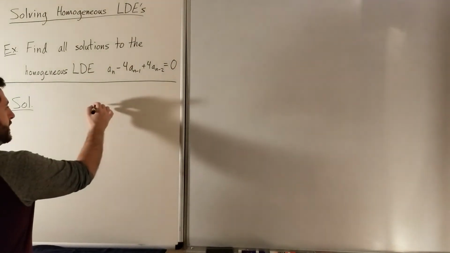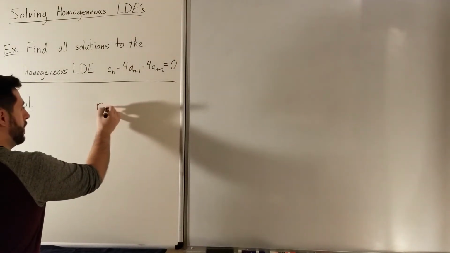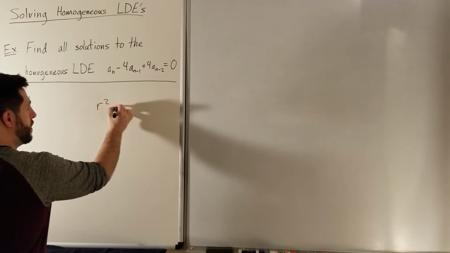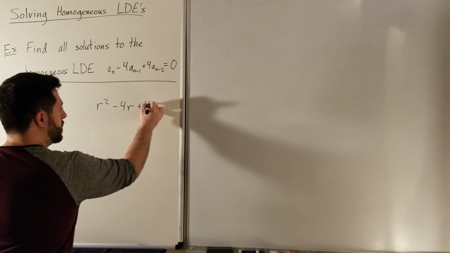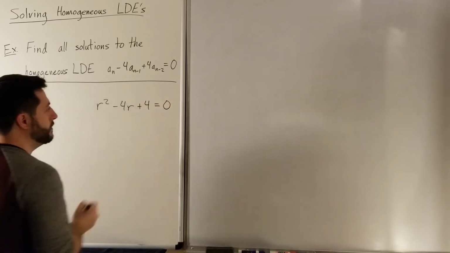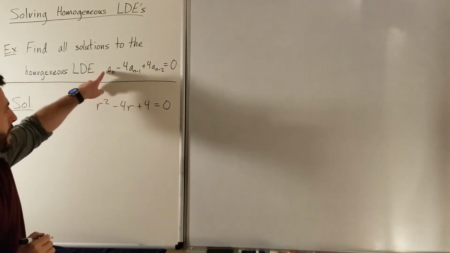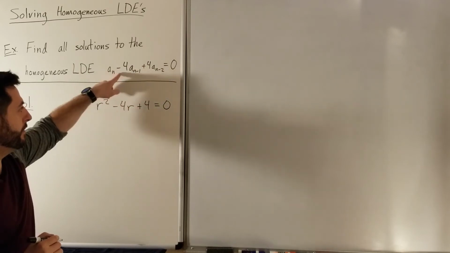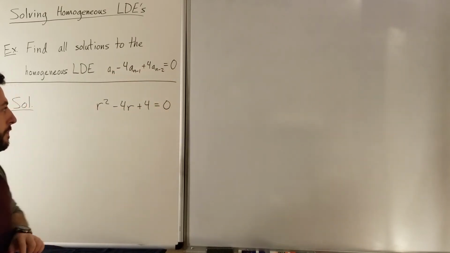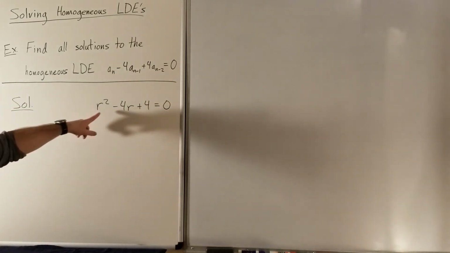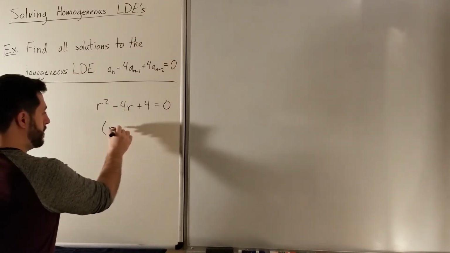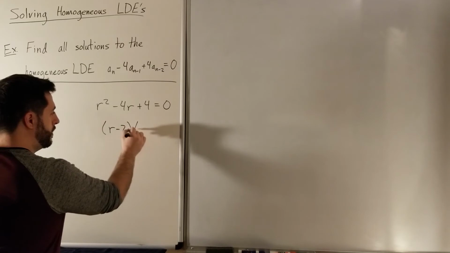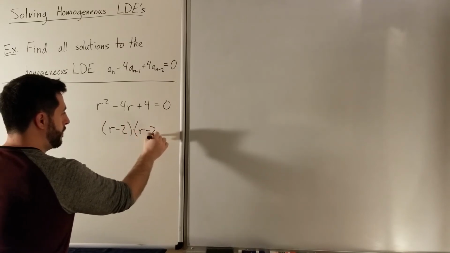I'm going to jump straight to the fact that we want to look at r squared minus 4r plus 4 equals 0. And I'm getting that from just copying down the coefficients here and making sure the signs are also matching. So this equation factors as r minus 2 times r minus 2.